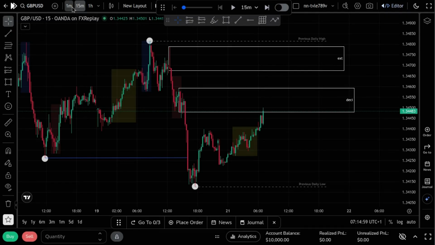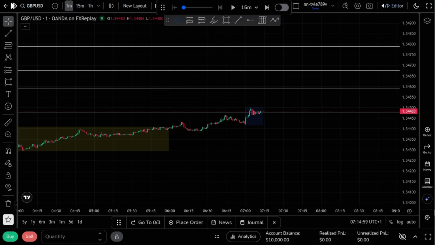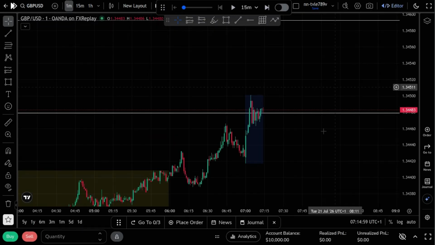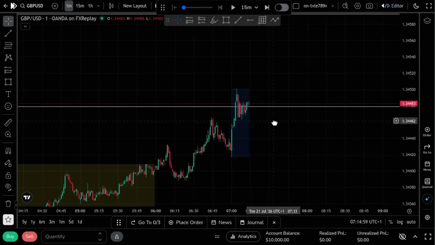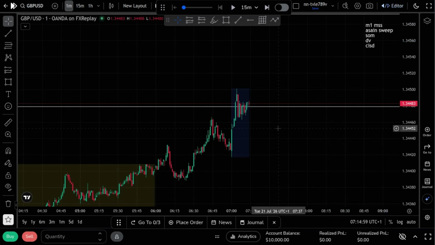So what I do right away is I just go to the M1 time frame and observe. So my 5 entry criteria are very simple. So I'm gonna just jot them down. One, market structure shift. Sweep. As you can see, these are my non-negotiables when it comes to M1 entry.